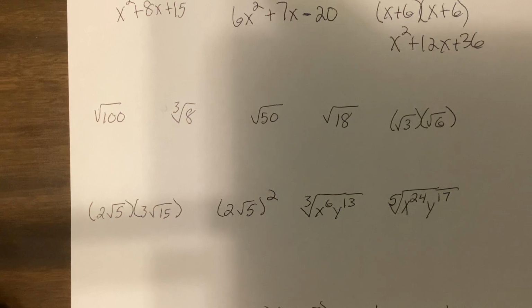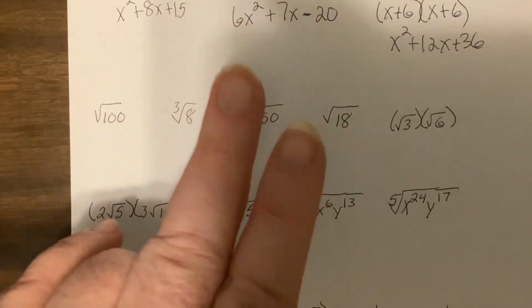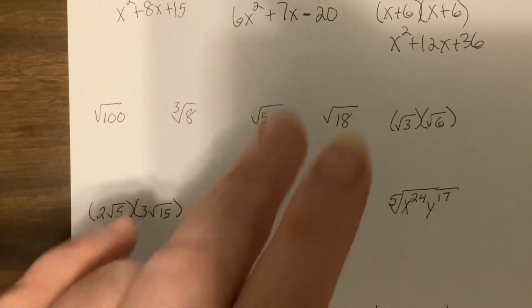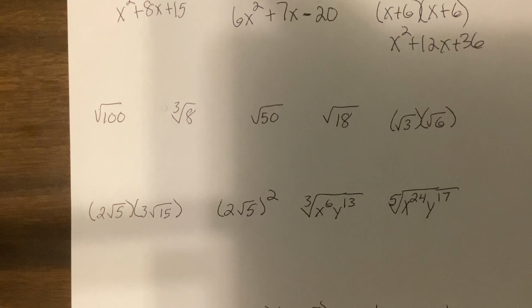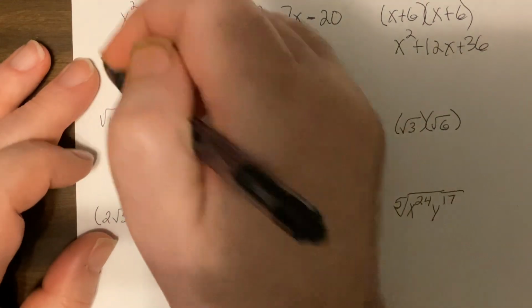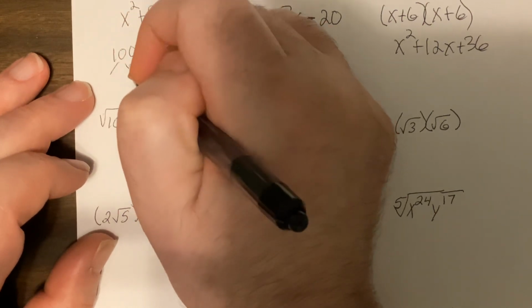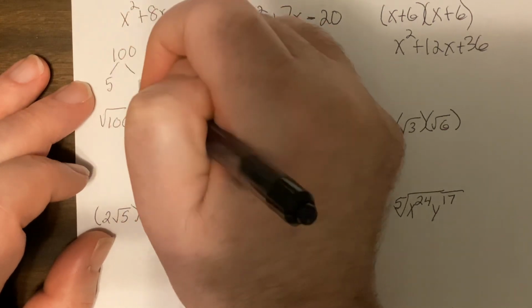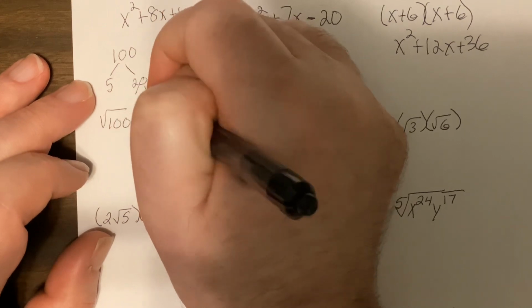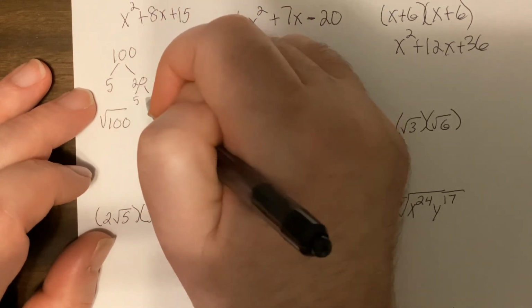So square roots. Now square root 100. That means what do you have? Two of the same thing that multiplies together to get you 100. Well, if you need to break it down, that's okay with me. I have no trouble with that. 100, let's see, we could say 5 and 20. 20 is 5 and 4.